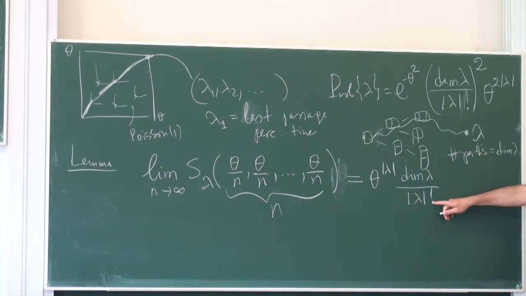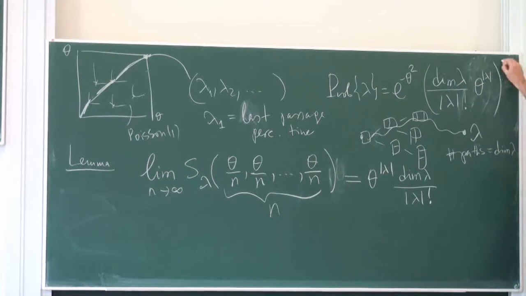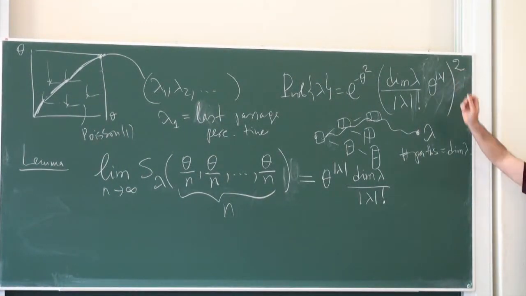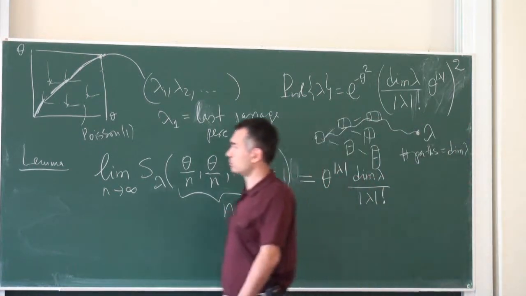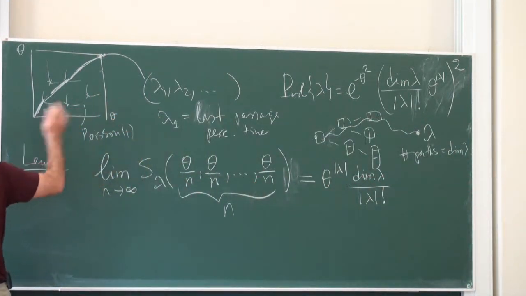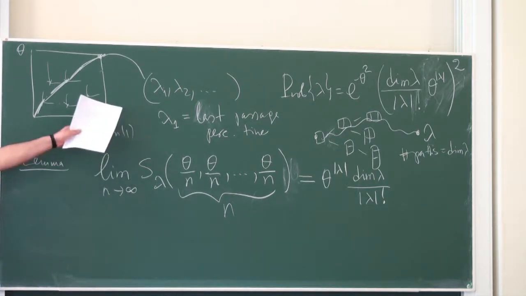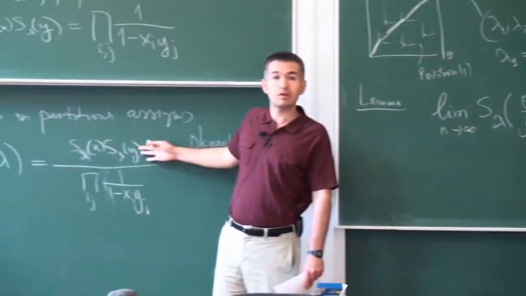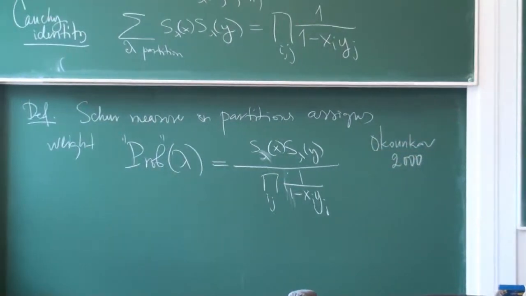Now you can see that if I put this, theta lambda and all this squared, this is the same thing as being squared in here, right? And so if I go back to this object here, then the Poissonized Plancherel measure that's there is of a limiting form of this expression, right?